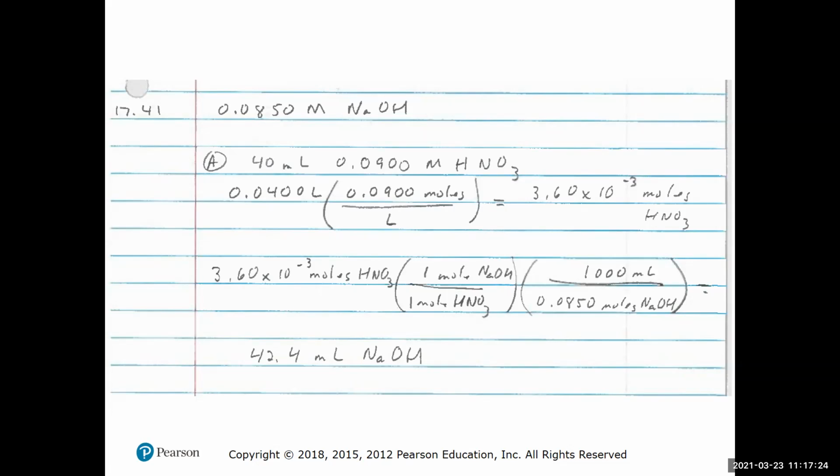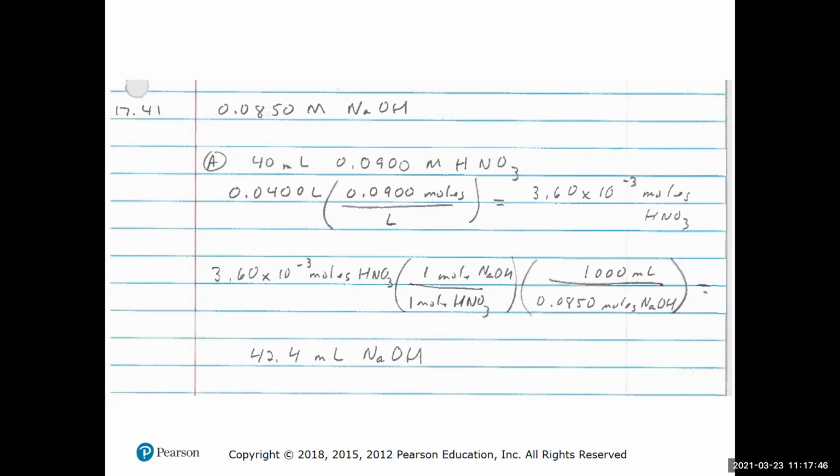We know the reaction is 1 mole of hydroxide to 1 mole of HNO3. So we can use that 1-to-1 mole relationship to go from moles of nitric to moles of hydroxide. Then we can use our molarity of the hydroxide that we're titrating with, in this case, 0.0850 moles per liter.